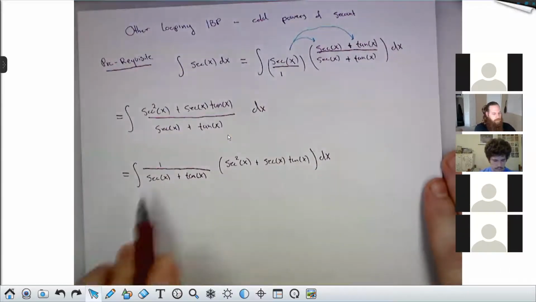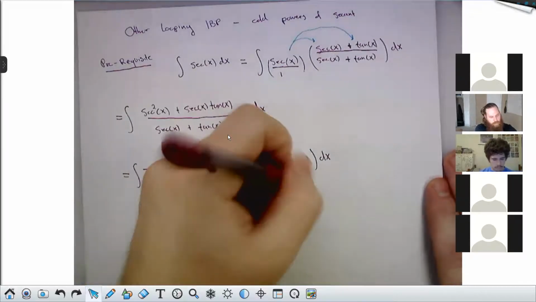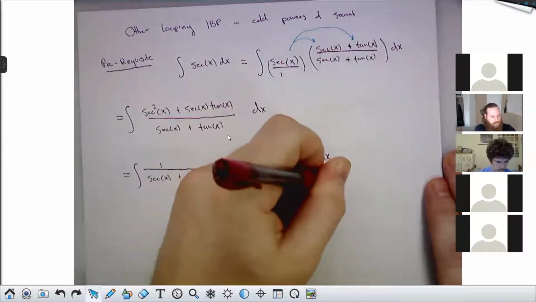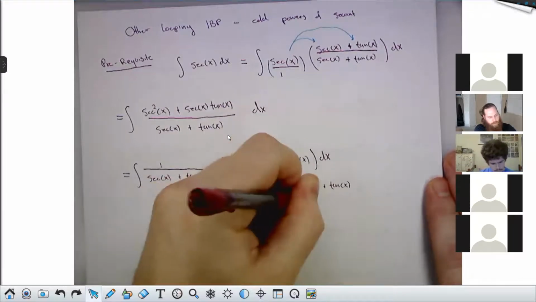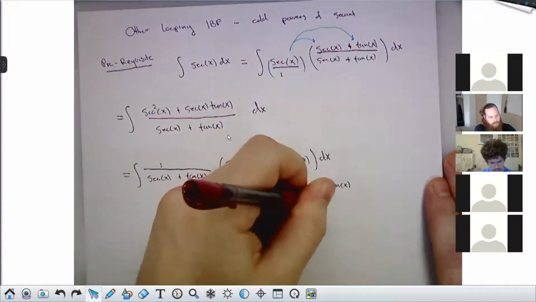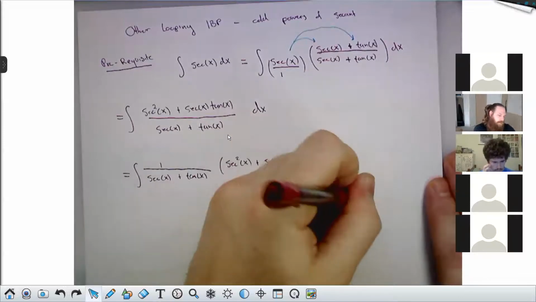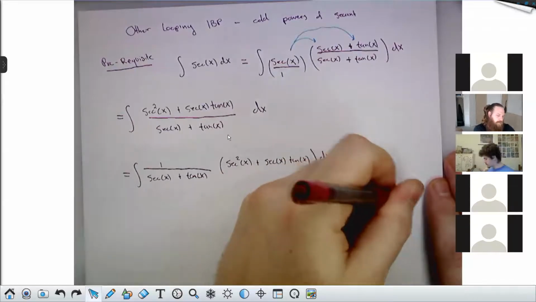So if we sub for the bottom, we sub z equals secant x plus tangent x, then dz will be secant x tangent x plus secant squared x all times dx.